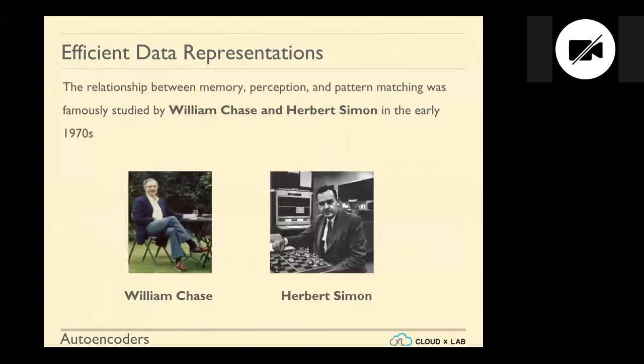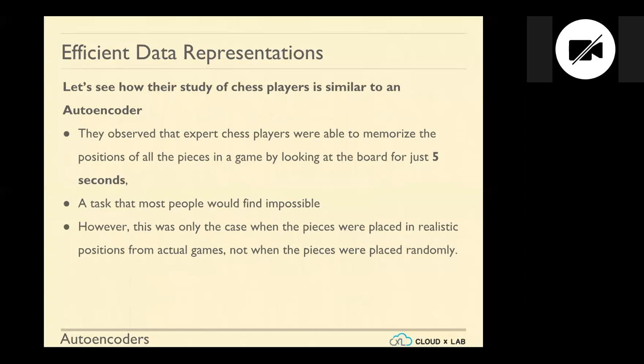All right. So the relationship between memory, perception, and pattern matching was famously studied by William Chase and Herbert Simon in the early 1970s. This study of chess players is similar to an encoder.